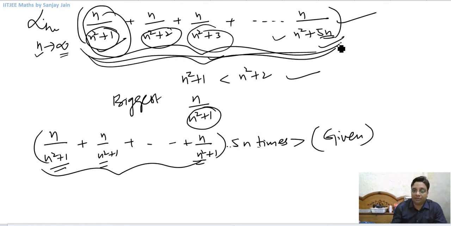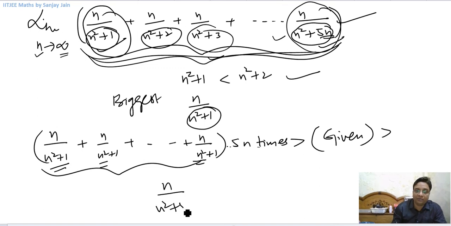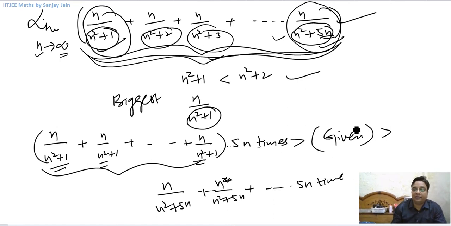If I want a smaller function than this, what I can do is this term n over n square plus 5n is the biggest denominator, so this term is the smallest term. If I add this term n over n square plus 5n plus n over n square plus 5n and so on, 5n times, then it will be lesser than the given expression.